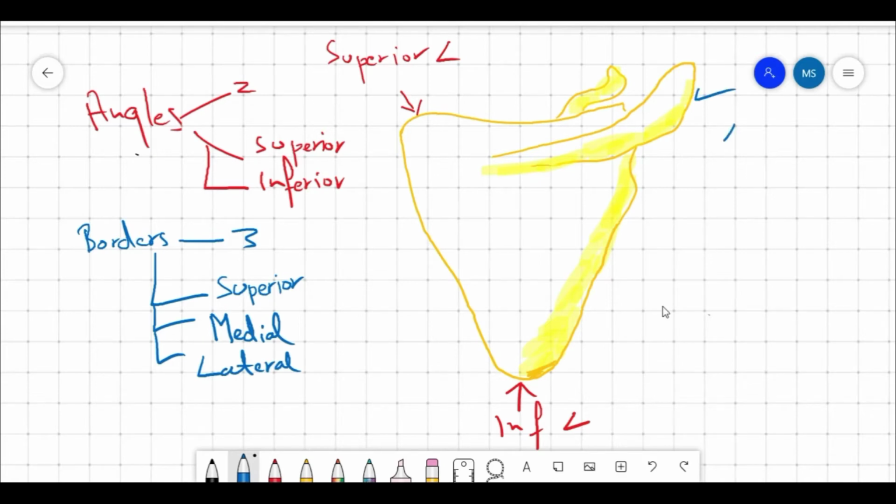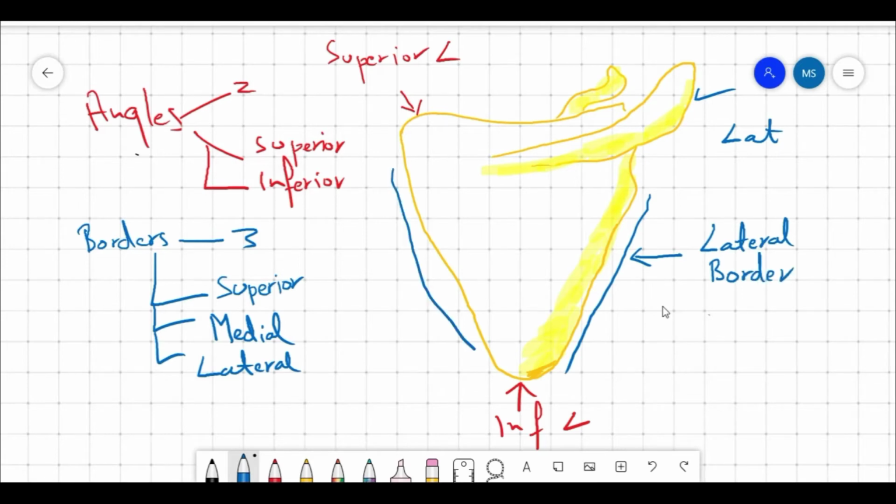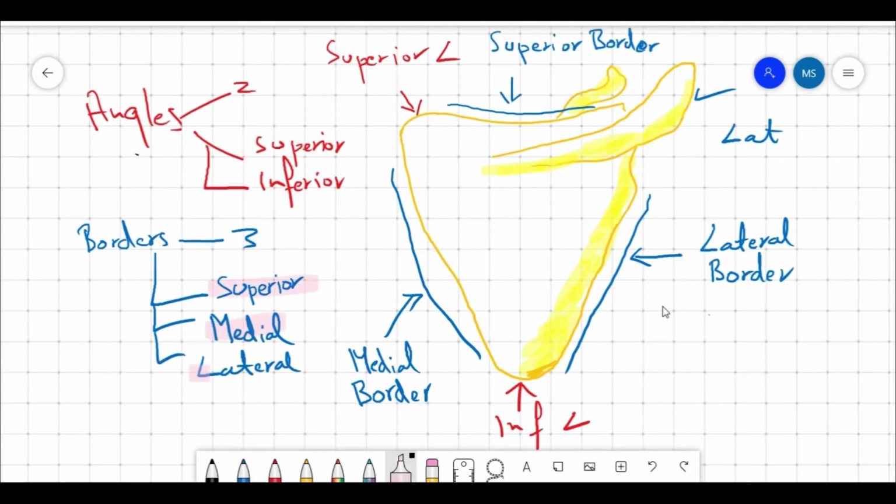So this border of the scapula is the lateral border, this border is the medial border, and this is the superior border. This is superior border, this is lateral border and this is medial border.